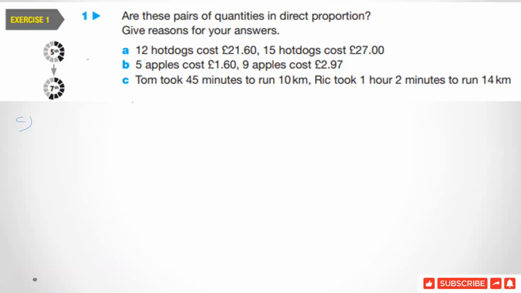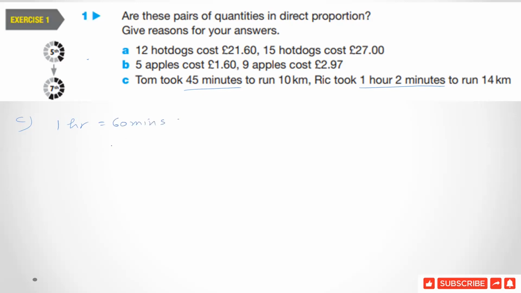Tom took 45 minutes to run. So first of all, we have to make these all in a single unit, which is hours. 1 hour has 60 minutes.